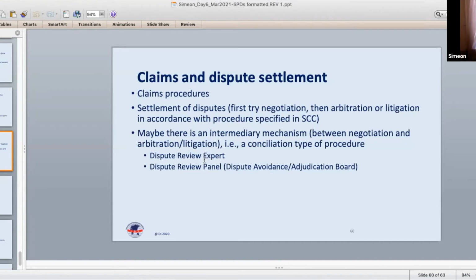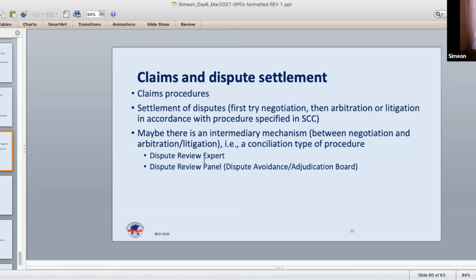Those claims procedures may ultimately result in a dispute. And so it's very important that the contract outline not only the claims procedure, but also the procedure for settlement of disputes. That may be a two or three stage process.